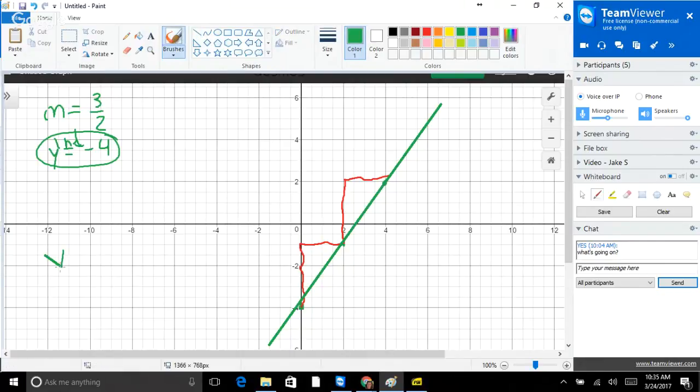My original equation was y equals 3 over 2x minus 4. So if I pick anywhere along this green line, that is an answer to y equals 3 over 2x minus 4.